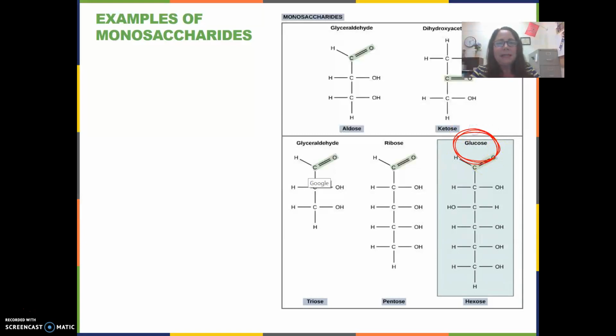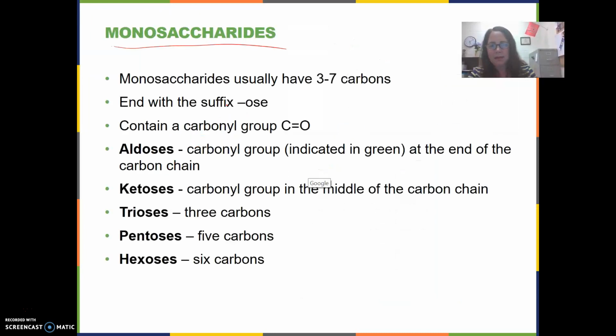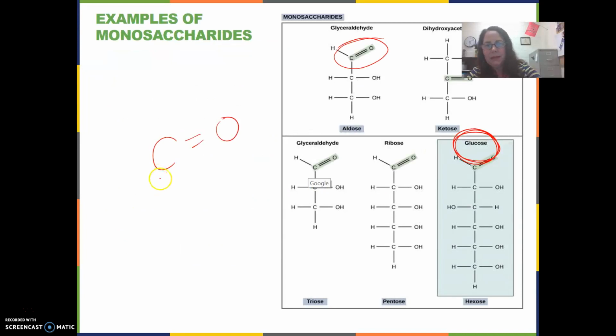If the sugar is an aldose, then it has a C double bonded to an O. That is called a carbonyl group. So when the C double bonded to the O is on the end, it's called a carbonyl group. So aldoses will have that. Glyceraldehyde is an aldose.